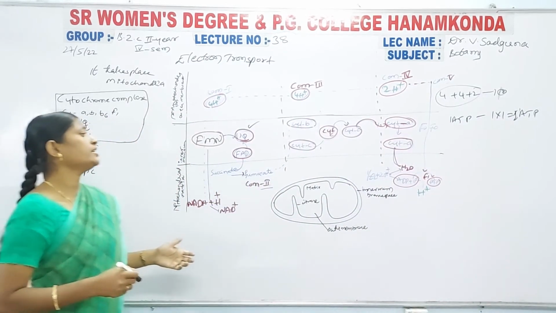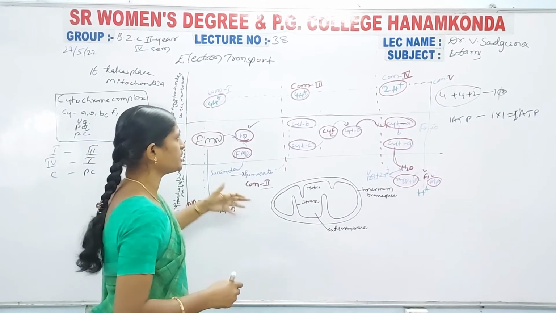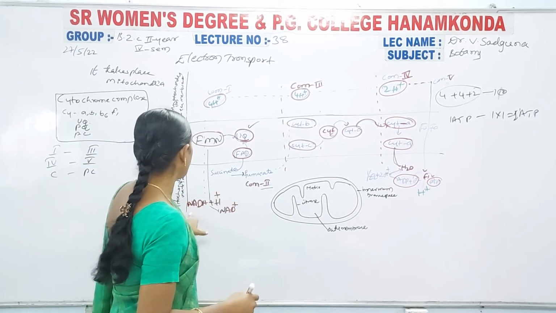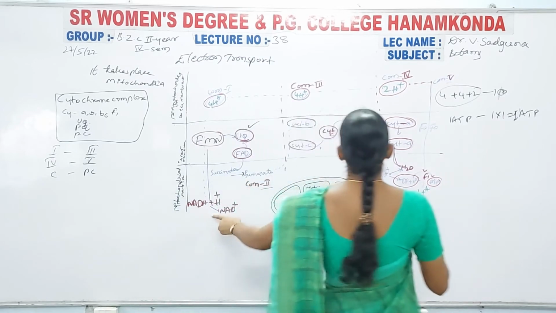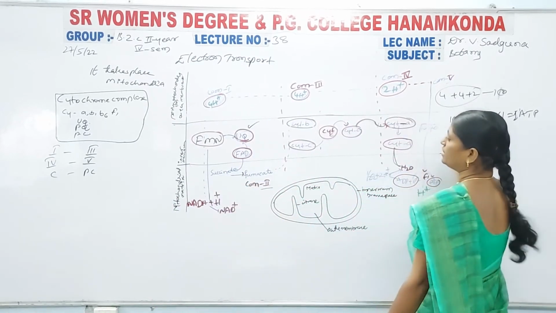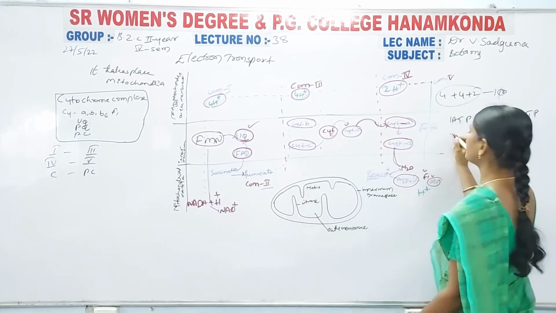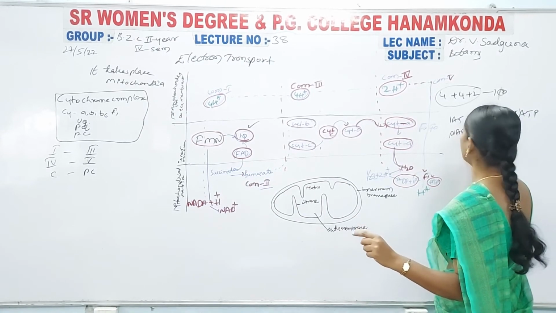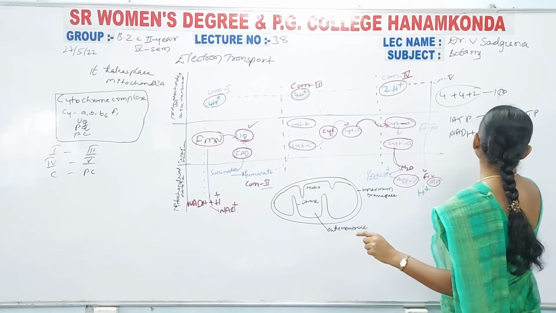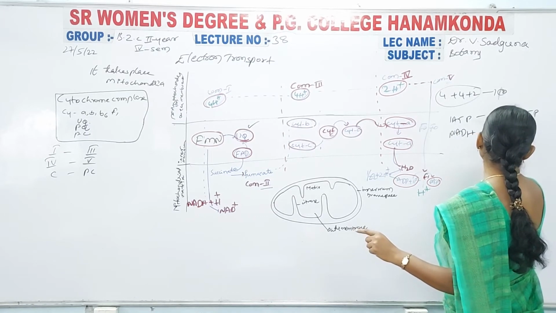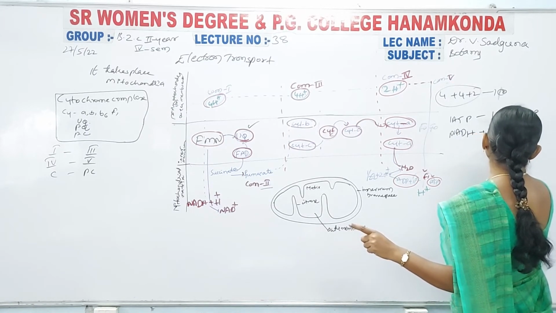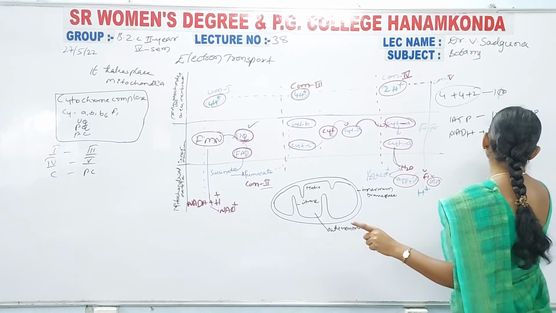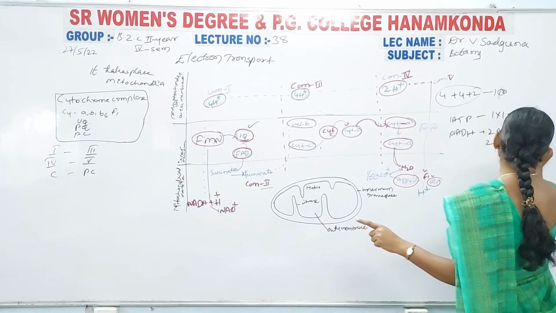Then this electron transport system can also utilize 1 mole of NAD. Then 1 mole of NADH gives 2 moles of ATP. So 1 plus 2 moles of the ATP.